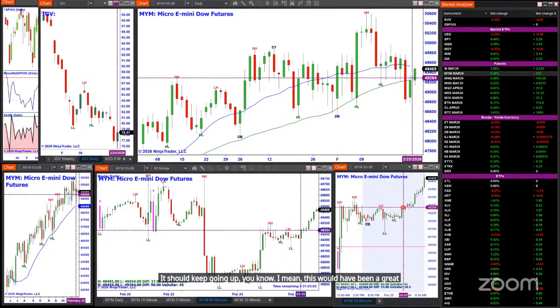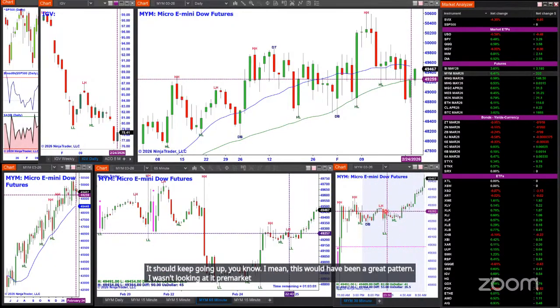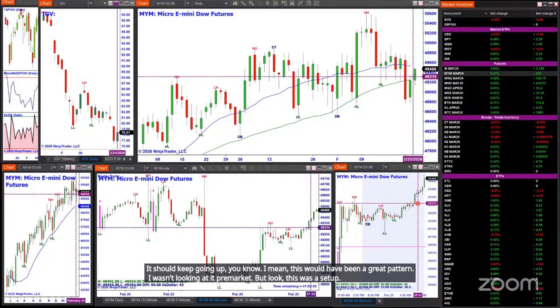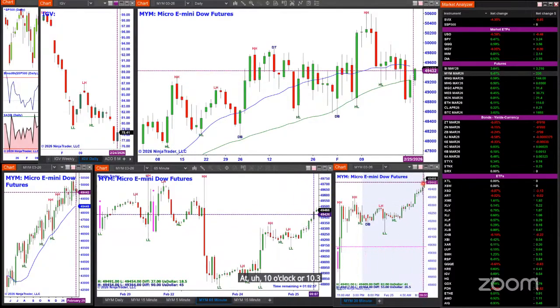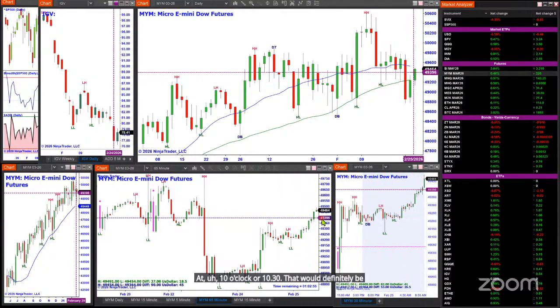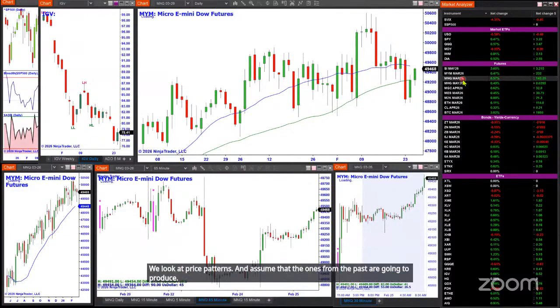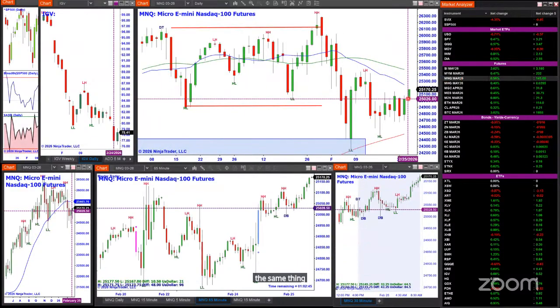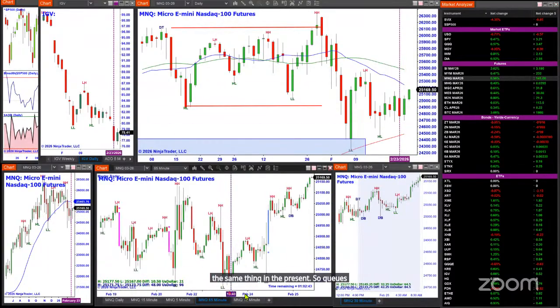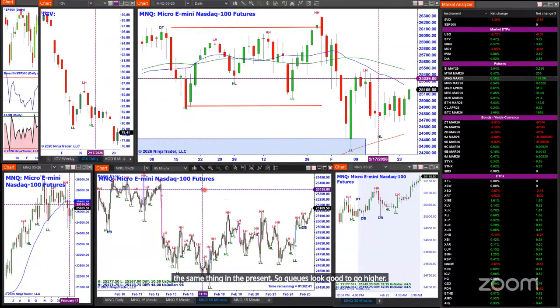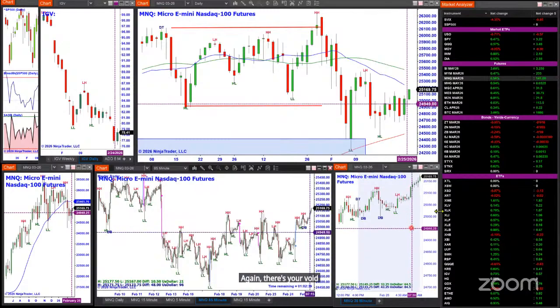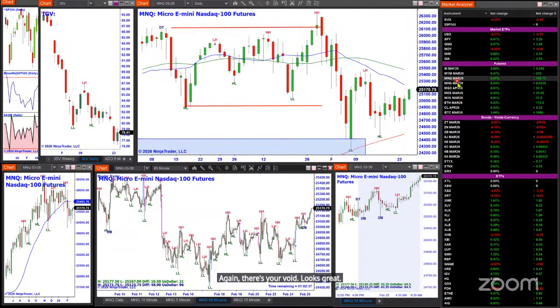I wasn't looking at it pre-market, but if this was a setup at 10 o'clock or 10:30, that would definitely be a go with. And we look at price patterns and assume that the ones from the past are going to produce the same thing in the present. So Qs look good to go higher. Again, there's your void. Looks great. See if NVIDIA keeps going up.